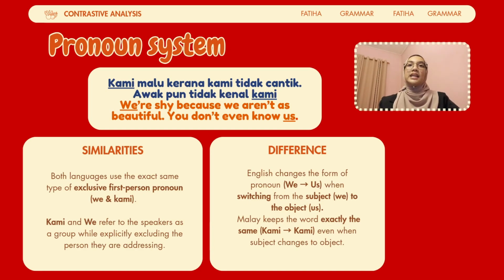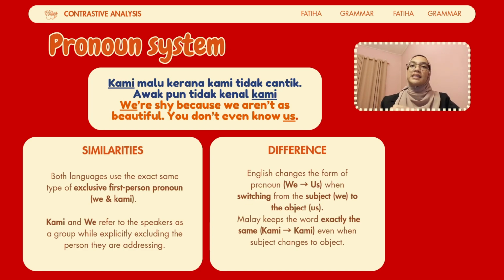So as you can see in the slide, English is a case-variant language for pronouns. This means an English pronoun must completely change its form depending on whether it sits in the subject slot or the object slot. So when it is at the front of the clause acting as the subject, English forces us to use the pronoun we.